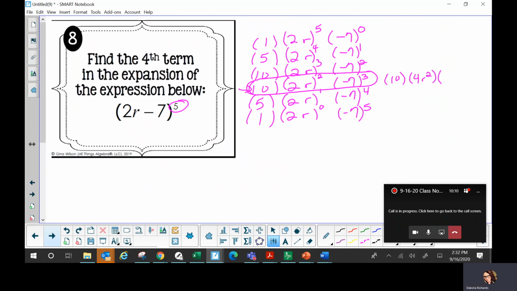That'd be -343. And when you multiply all of those together, what do you get? 13,720 r squared.